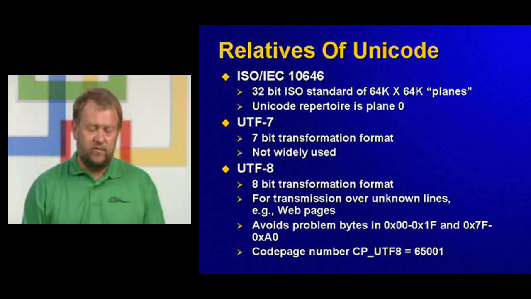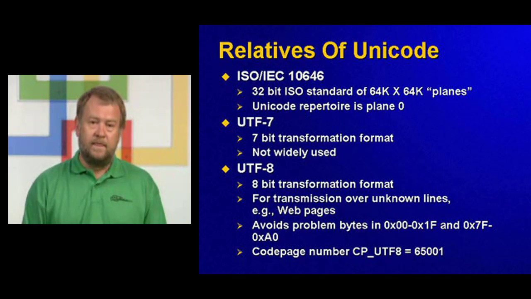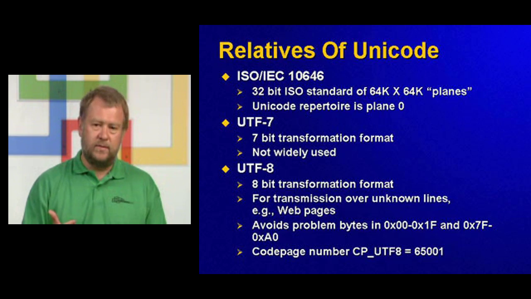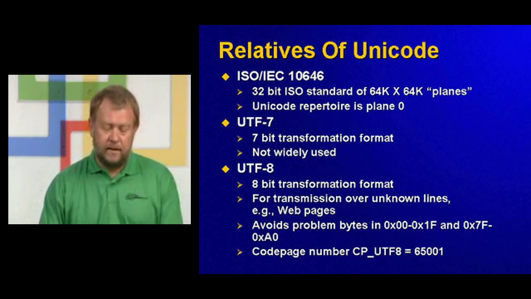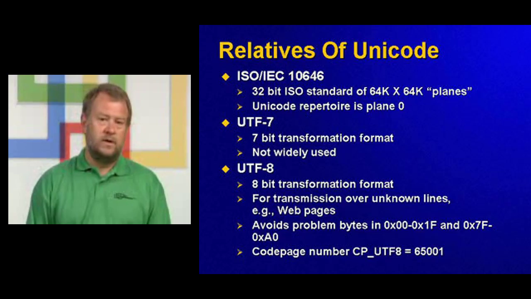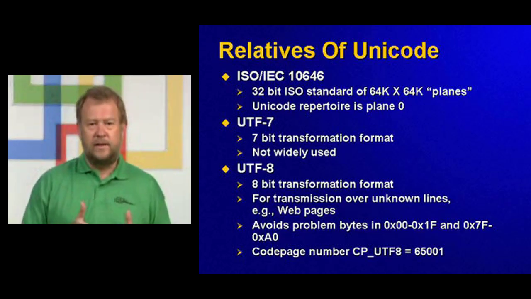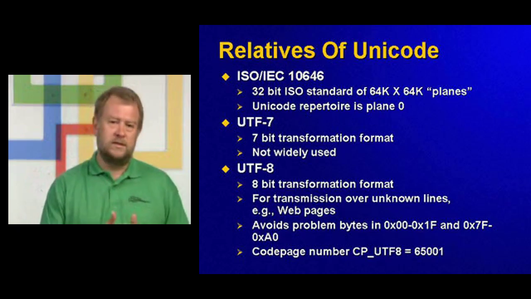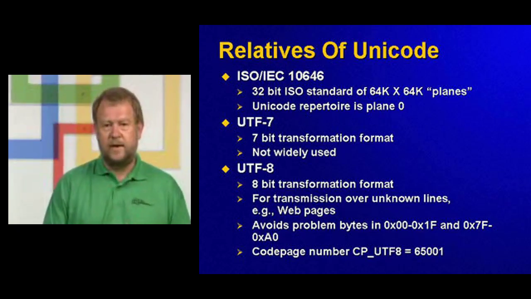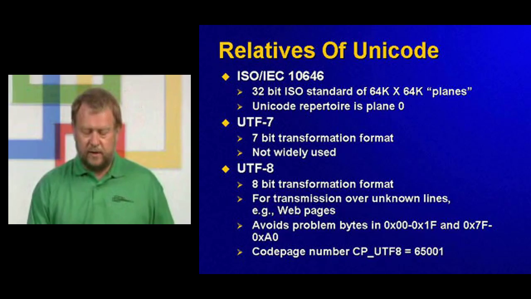UTF-7 is a transformation of Unicode into a stream of bytes that only use 7 bits each. And I'm not going to talk very much about this because it's not very important. But let's talk about UTF-8. This is another transformation of Unicode, a serialization of Unicode into bytes, which avoid the problem bytes that can be a problem with legacy software and hardware, the control bytes from 0 to 1F and 7F to A0.